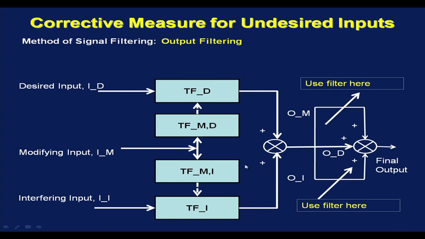So, the concepts are very much similar. In case of input filtering, we will introduce filters to input signal. In case of output filtering, we introduce filters to the output.